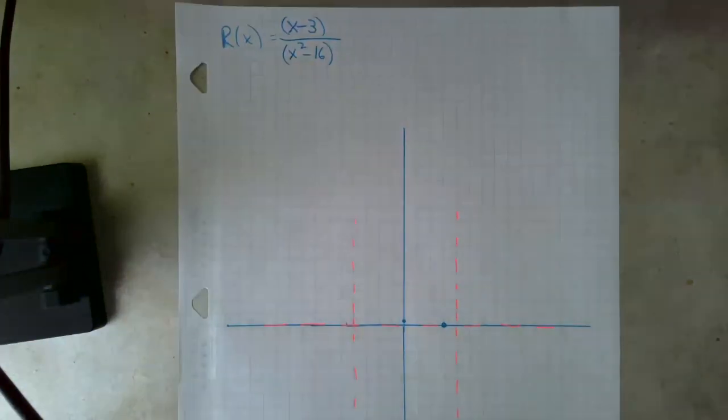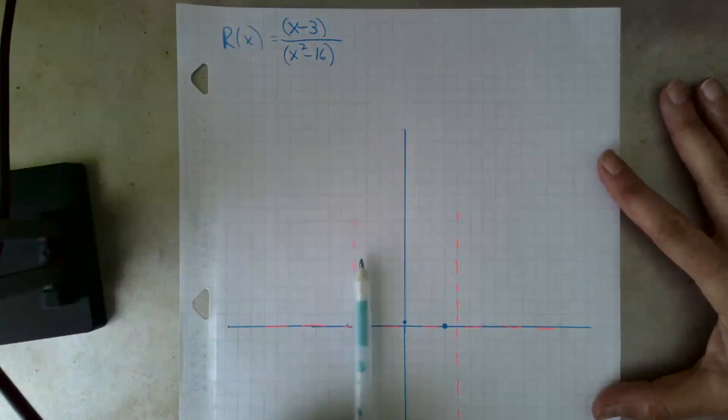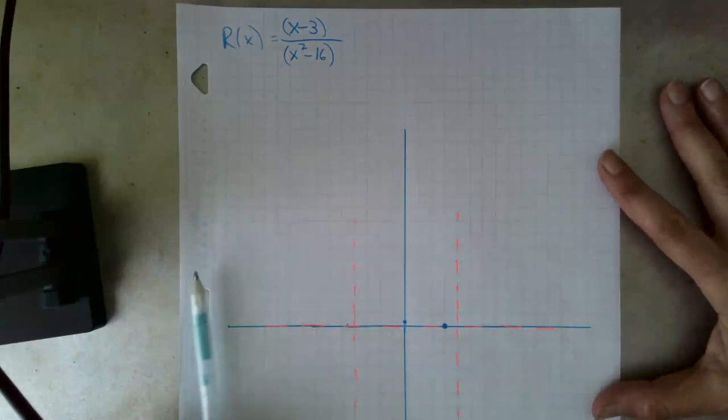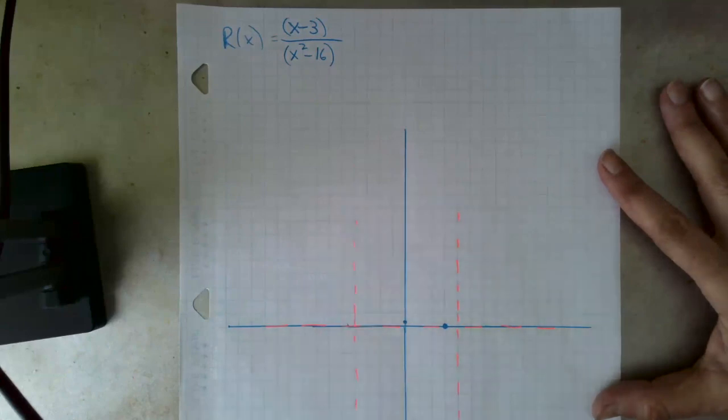All right, here's our first example. So what is a sign test? A sign test allows us to figure out, in each of our intervals, the sign of the function. So we have an asymptote here. We have a first interval from -infinity to -4.